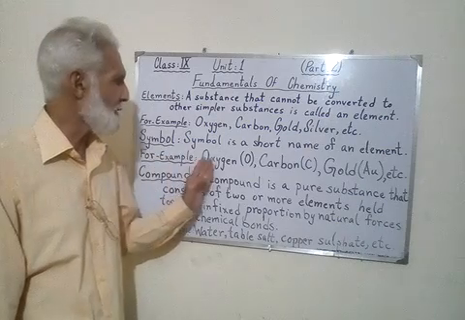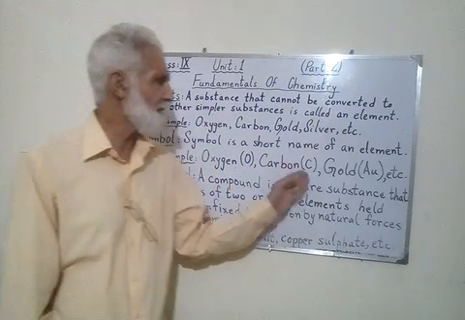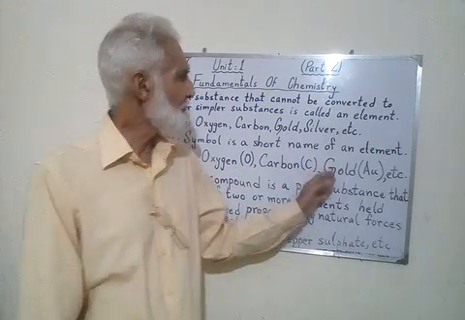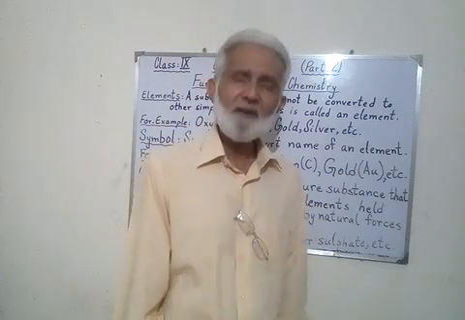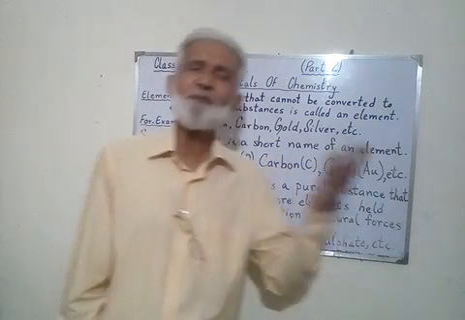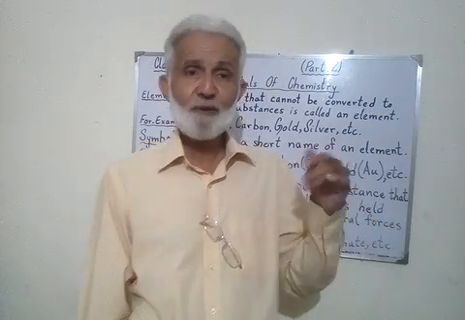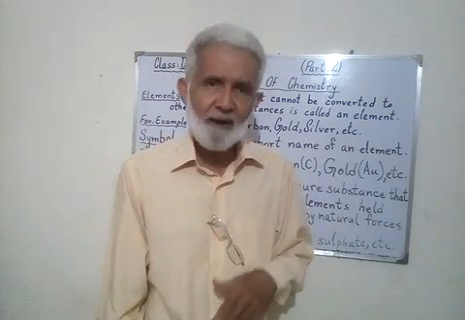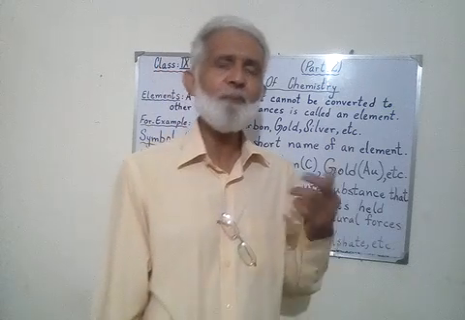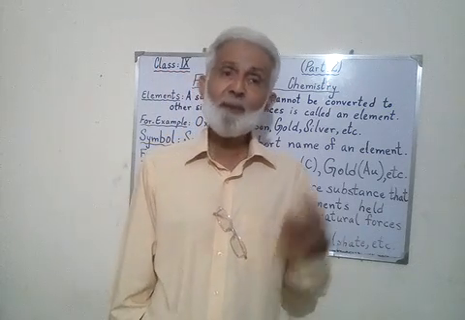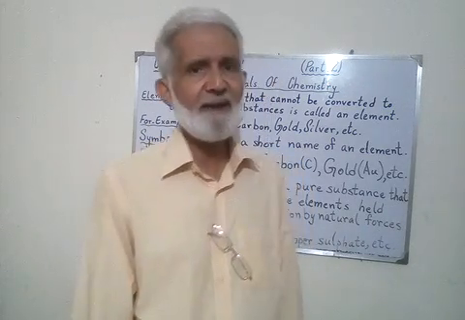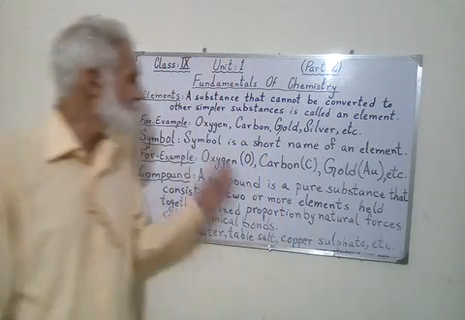For example, for oxygen we write O, for carbon C, for gold Au, silver Ag, potassium K, phosphorus P, nitrogen N, hydrogen H, lithium Li, beryllium Be, barium Ba, bromine Br, xenon Xe. All these are symbols.